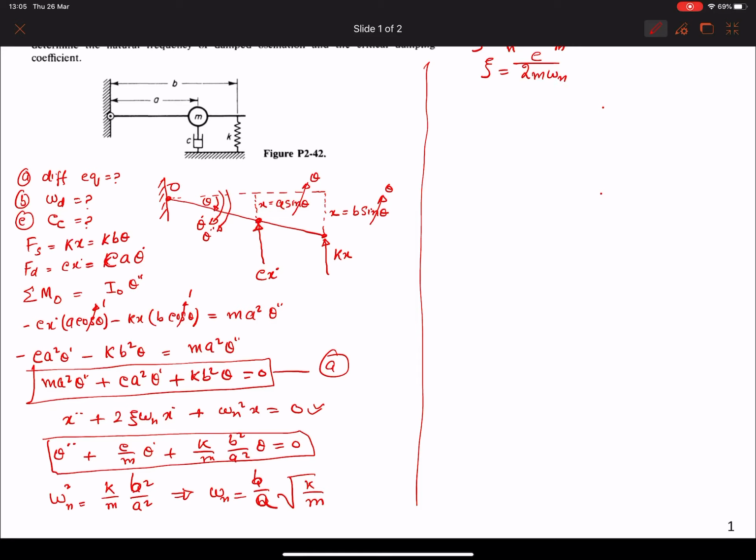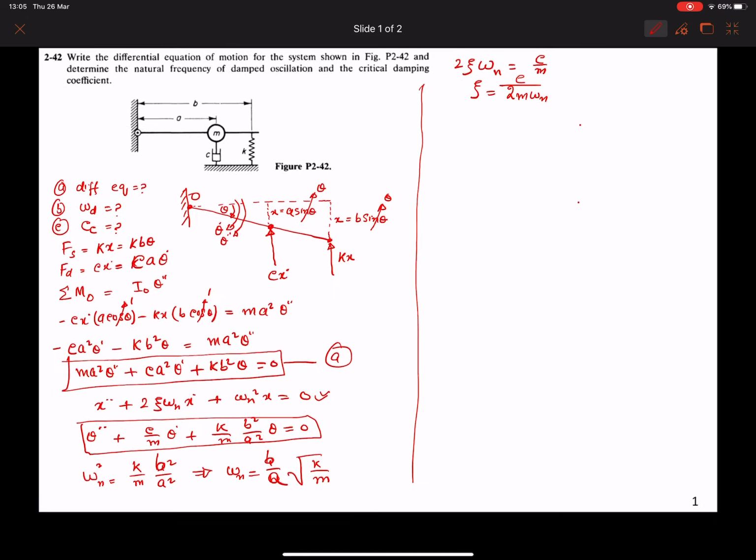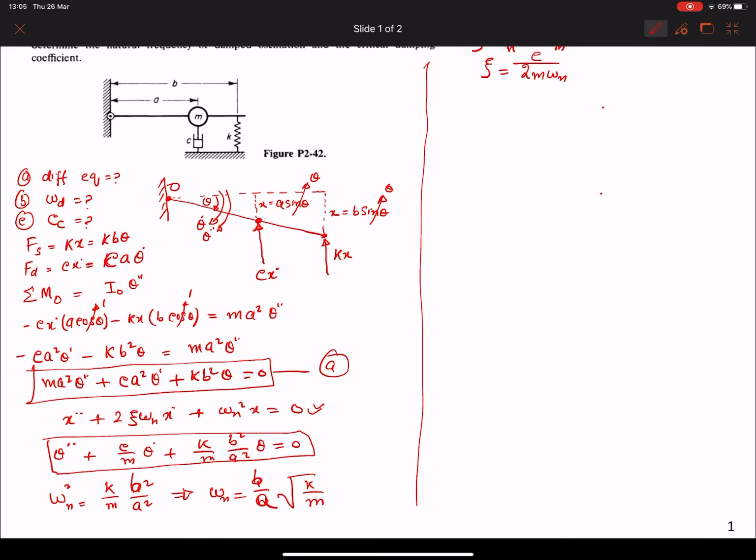Now we can put the value of omega n, so zeta becomes c divided by 2m, and instead of omega n we put b by a times the square root of k by m. If we simplify this equation, it becomes a c divided by 2b times the square root of mk. So this is the equation for zeta.